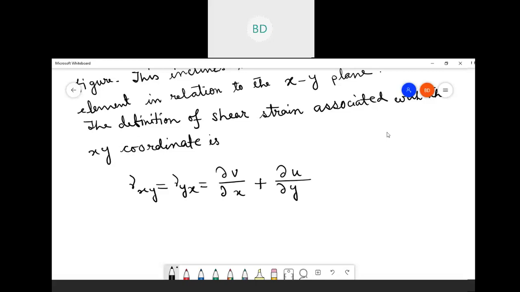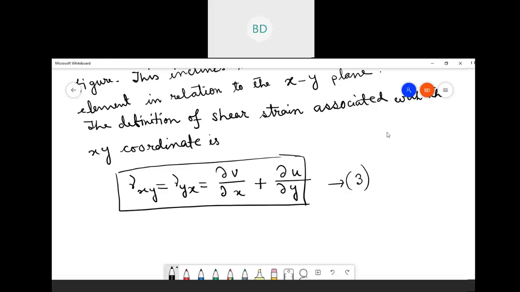So this will be equation number 3. This is valid for small angle of deformation.